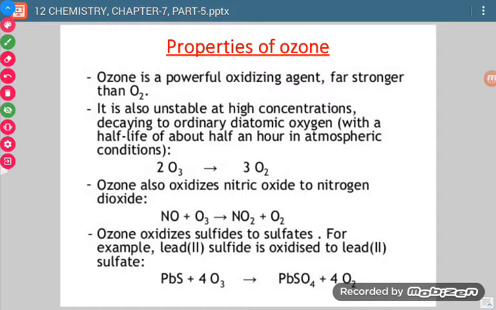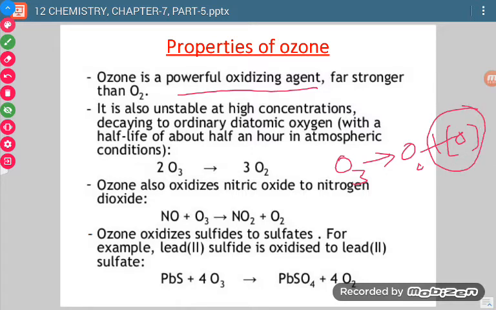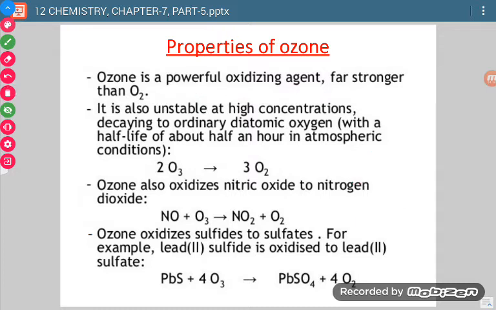Now let us discuss the chemical properties of ozone. It is a powerful oxidizing agent. Why? Because it readily changes into O2 and O, and this O can be added to any other substance, so it becomes a strong oxidizing agent. It is unstable at high concentrations and will decay to diatomic oxygen.